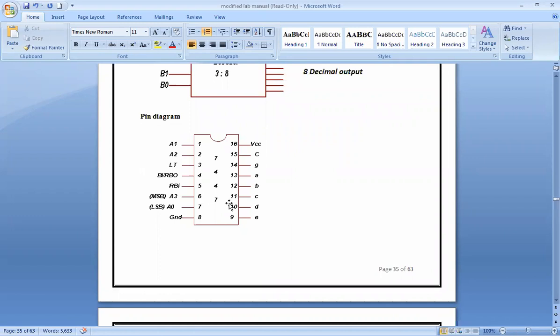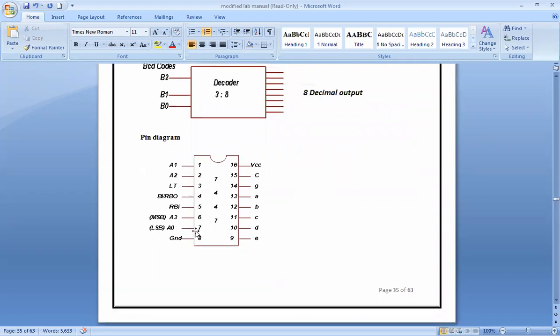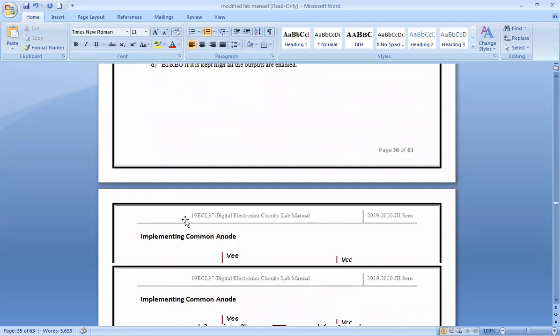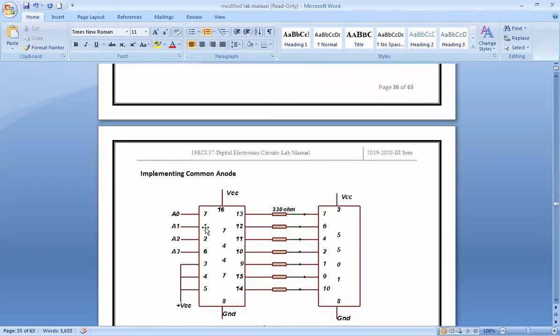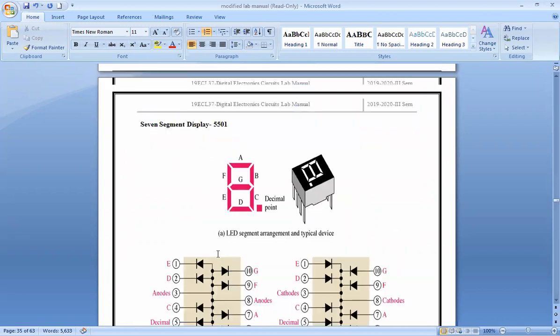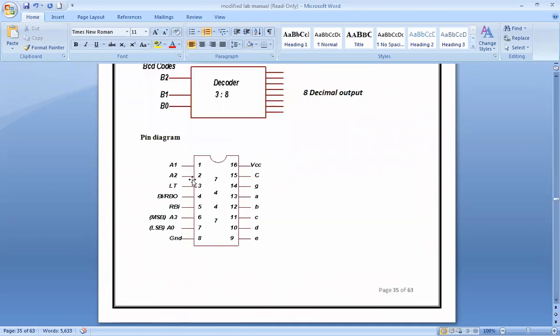So I told you, right? A0 is 7, A1 is 1, A2 is 2, and A3 is 6. Any doubts here, students?